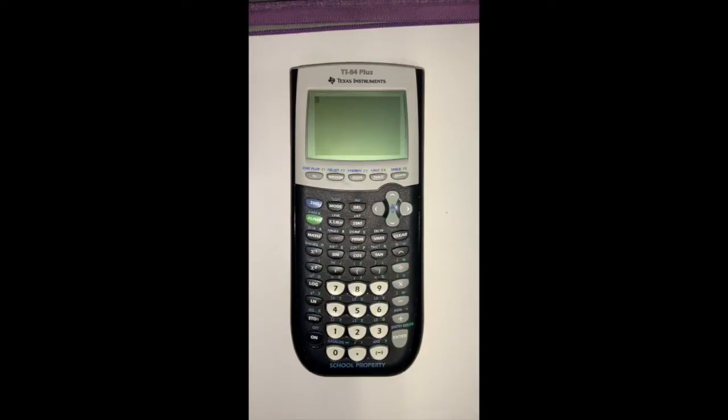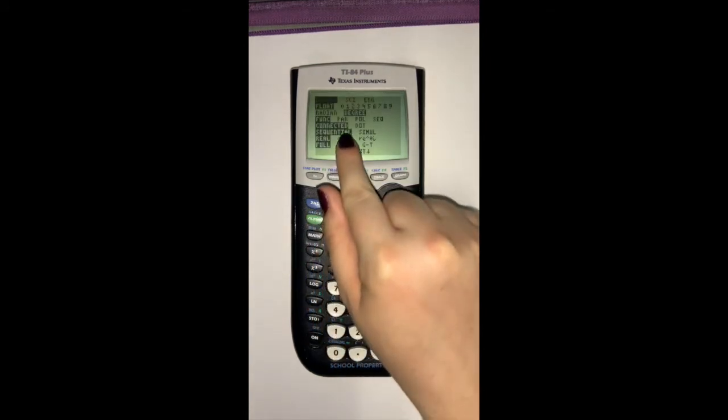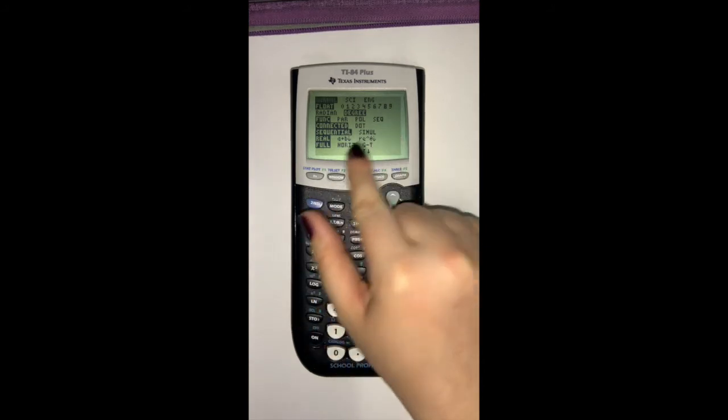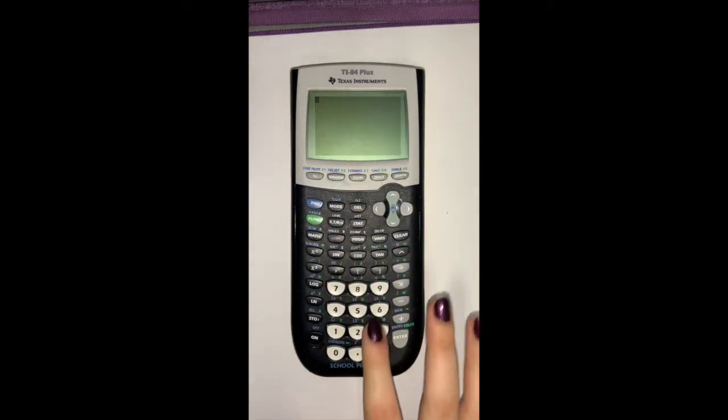In this video, I'm going to show you how you can use the TI-84 Plus graphing calculator to solve for inverse cosine, inverse sine, and inverse tangent. So a lot of this works similarly to the cosine, sine, and tangent functions, where you still need to make sure that your calculator is in the degree mode, which mine is, so I'm going to leave it.